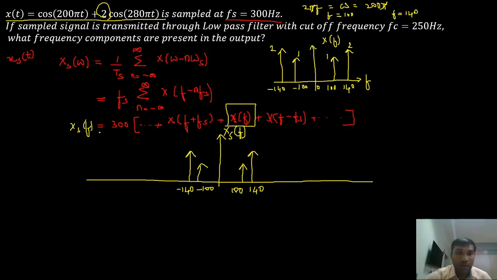So for Xs of f I have to multiply with 300. So this amplitude is 300, this amplitude is 300, and the other amplitude is 600.